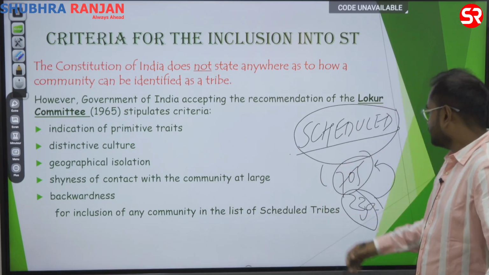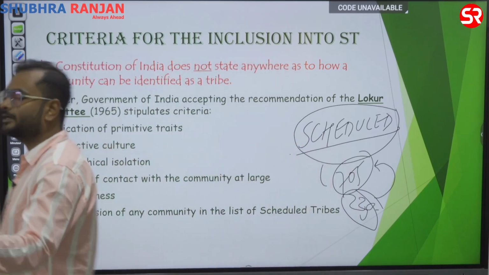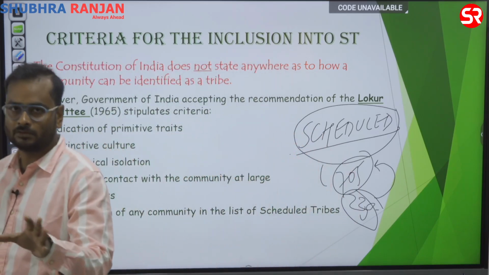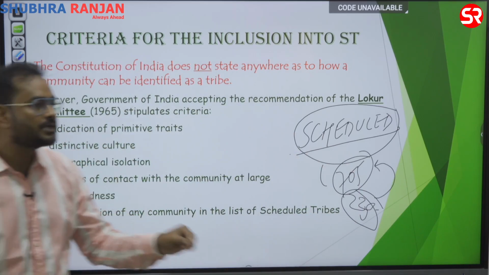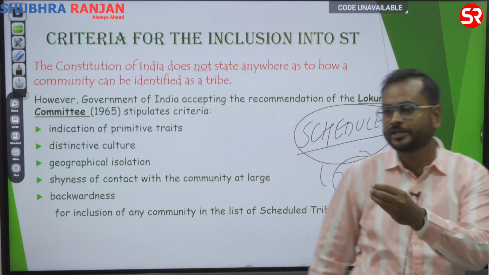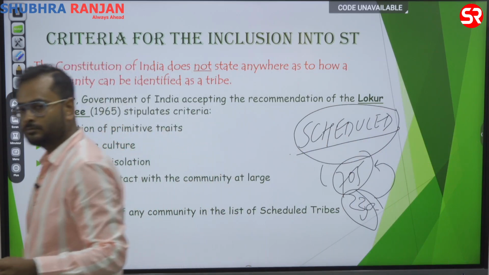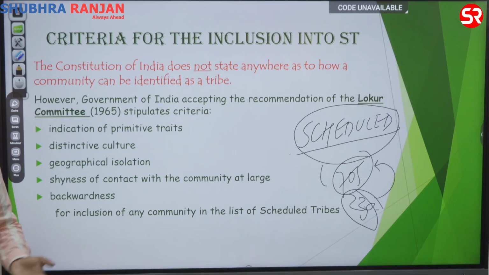So coming back to this, when the number was around 220, let's say 250 or 225, whatever the number is, and right now it has risen close to 700, that means the number of scheduled tribes has increased threefold, isn't it?